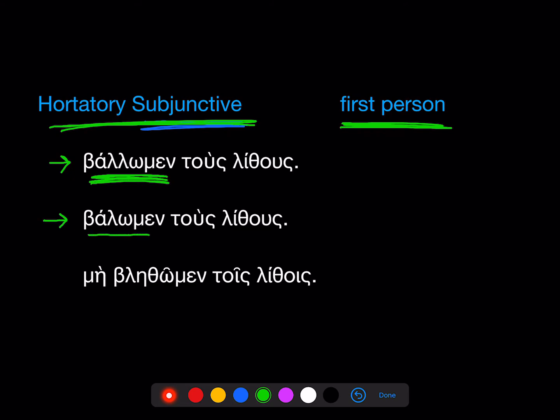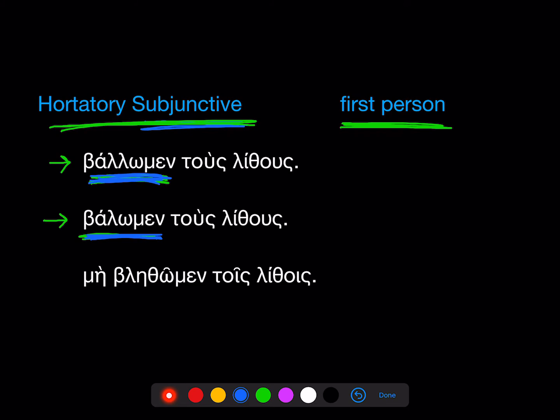Here's a second aorist subjunctive active. So this is going to have simple aspect. Let's throw the rocks. So the difference between the present subjunctive and this aorist subjunctive is one of aspect. Present subjunctive, let's be throwing the rocks. Aorist subjunctive, let's throw the rocks.